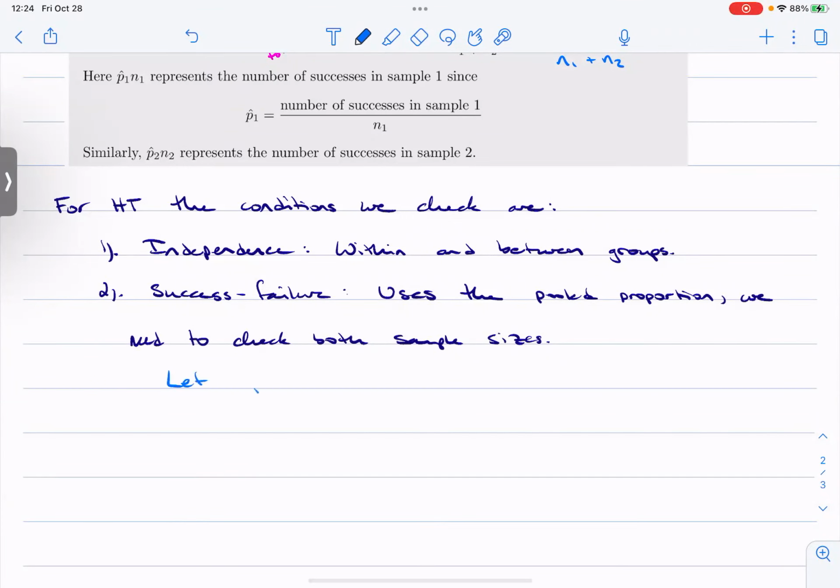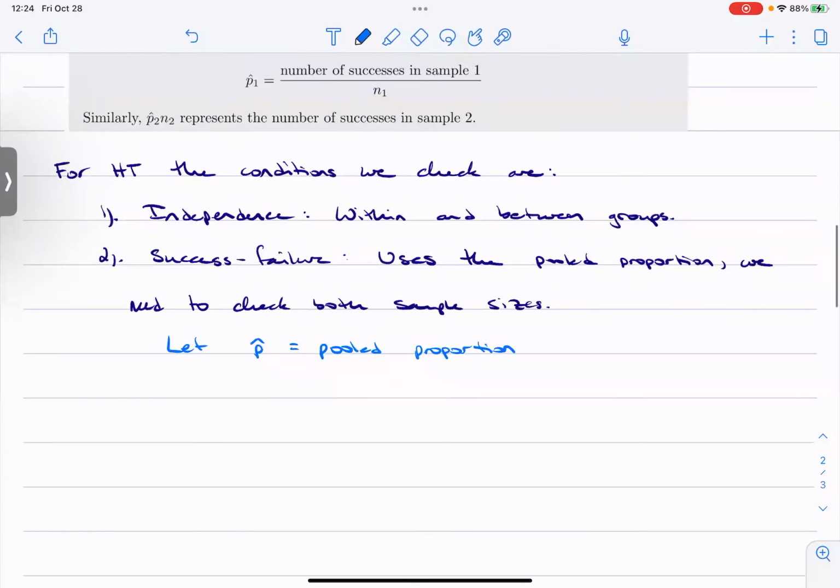So if I let just the generic P hat now denote the pooled proportion, then I would need to check N1 P hat has to be greater than or equal to 10. N1 Q hat has to be greater than or equal to 10.